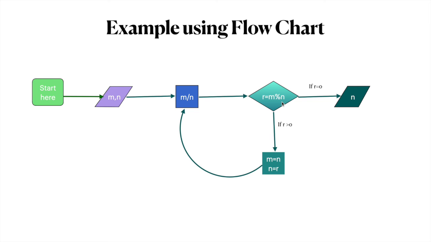If n divides m without a remainder, then we know that n divides n without a remainder. So we will stop by returning this greatest common divisor of both m and n. And we will show the end of the flowchart or algorithm with the rounded corner rectangle.